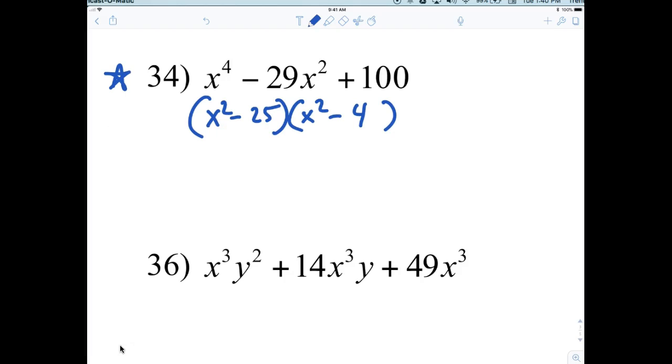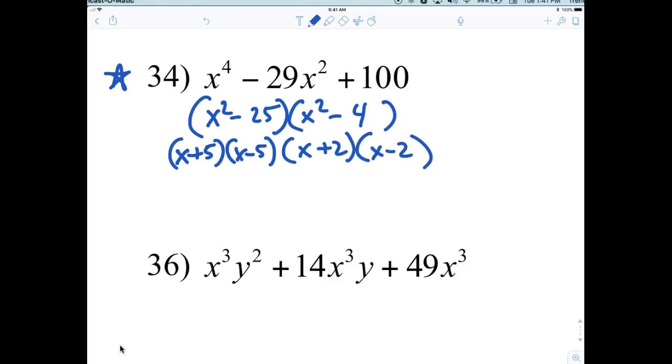Anybody have an issue with that? Now you can factor each of those. So now this is x plus 5, x minus 5, x plus 2, x minus 2.